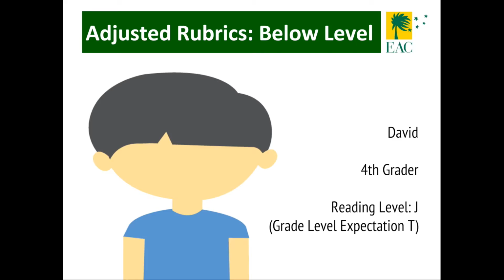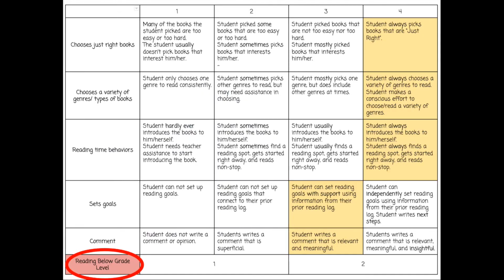Now, the same thing applies to students reading below grade level. Here's David. He's a 4th grader. He's reading at level J, which is well below the grade level of expectation of a T. Again, David will get the same rubric and be assessed in the same way. However, we will adjust it by adding another row on the bottom. You can see that David is getting 3s and 4s, and he's able to do the skills and the standards.